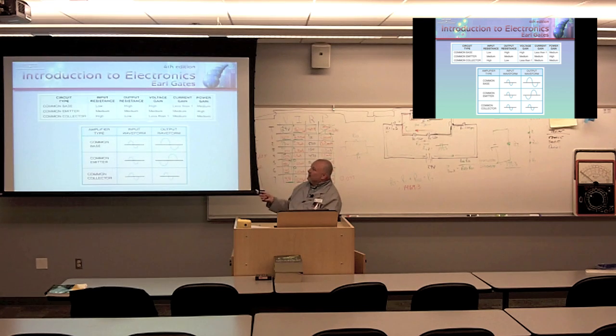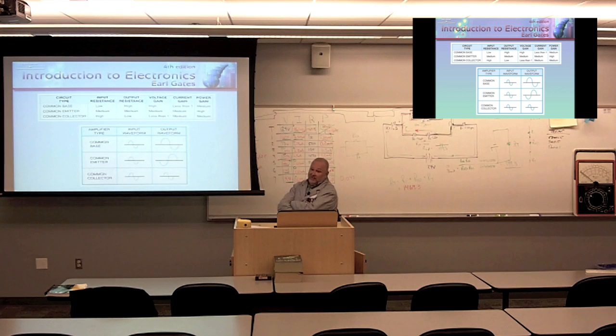If what you're getting out is less than what you put in. However, for the common collector, the current gain is going to be medium. Common emitter, medium. Common base, less than 1. So common base is going to give us lower current gain, but high voltage gain. The combination of voltage and current in a circuit is what we define as power.